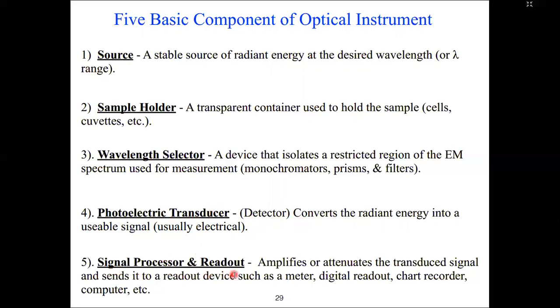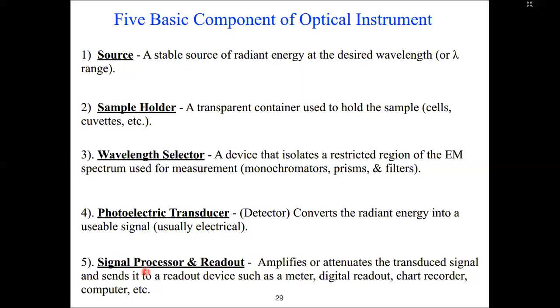Signal processor and readout device. The information that we get is usually in a very small amount, which will be very difficult to read, to analyze, to detect. So that information is usually amplified, and the amplification is done by the signal processor.